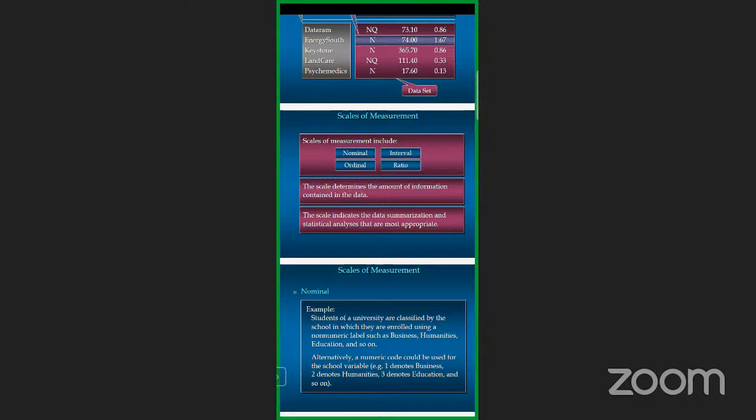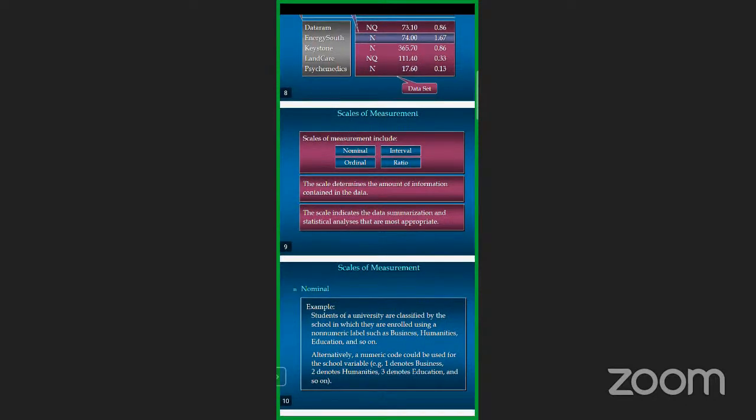So what we are doing here, we are selecting a nominal scale, giving 1 for business, 2 for humanities, and 3 for education. Like that, we can give numbers to the different areas of education in a particular university. So that is a nominal scale, we can say.